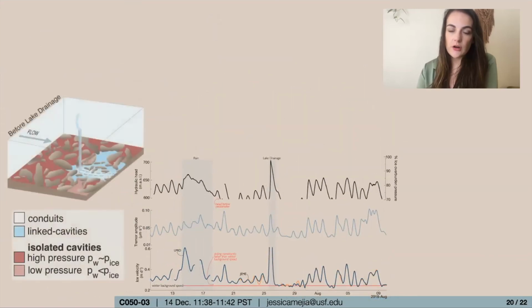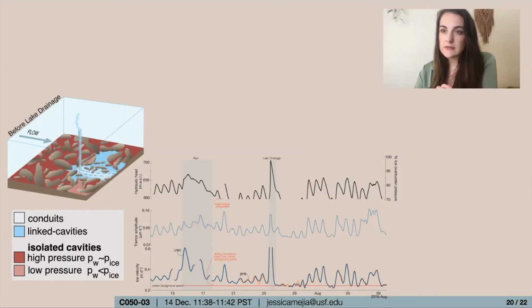We envision the progression of events to be as follows. At the beginning of the melt season, meltwater reaches the bed and encounters a drainage system consisting of subglacial conduits and link cavities. However, at this time, the majority of the bed consists of isolated cavities that are water filled, producing this lubricating effect whenever pressures drop in the connected system.